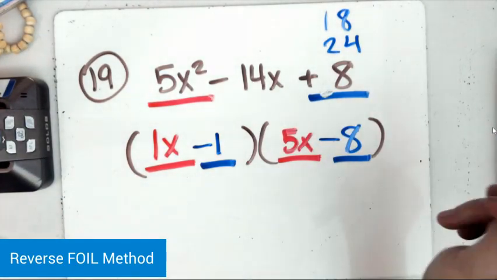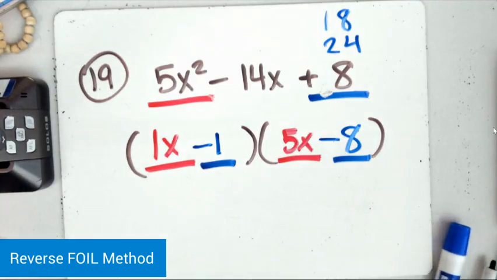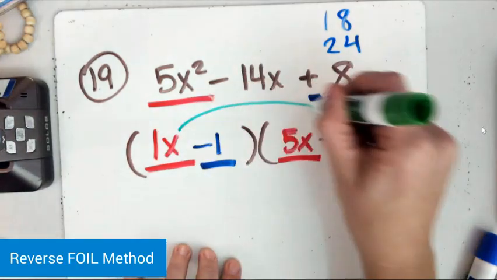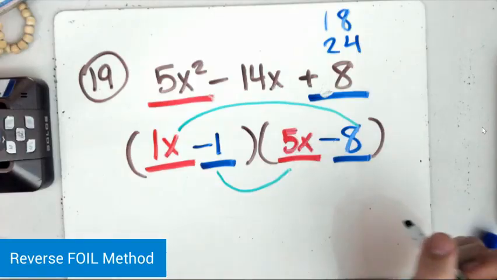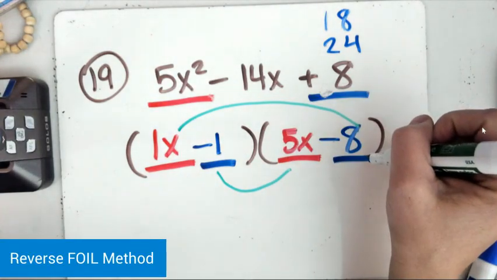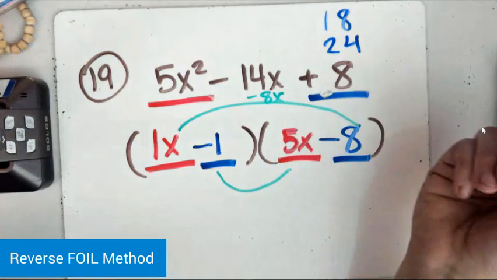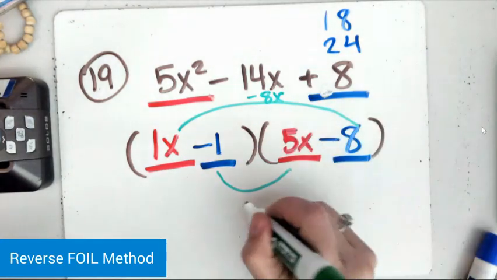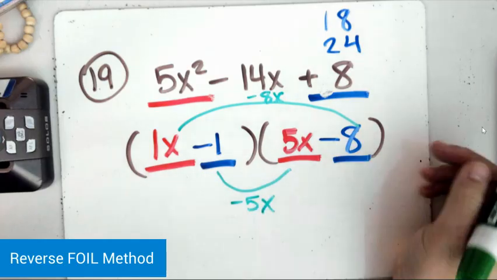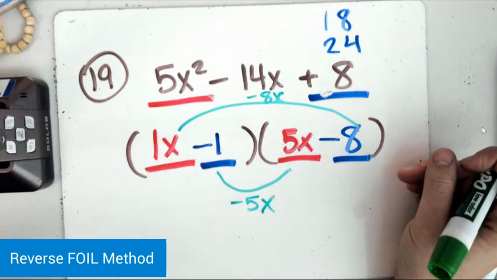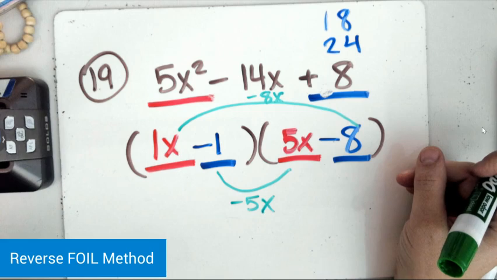There's no question about it. All right, outers and inners. So 1x times a negative 8 is a negative 8x. Negative 1 times 5x is a negative 5x. Does it work? No.